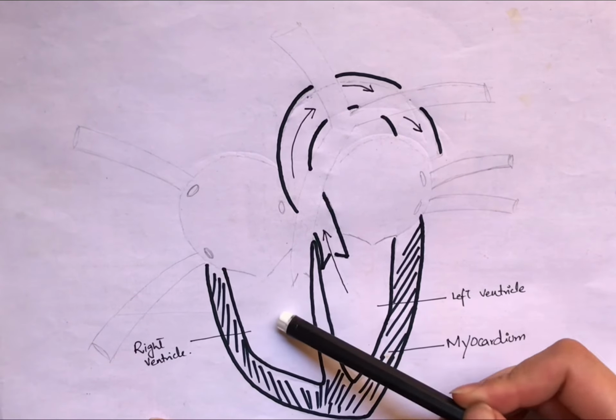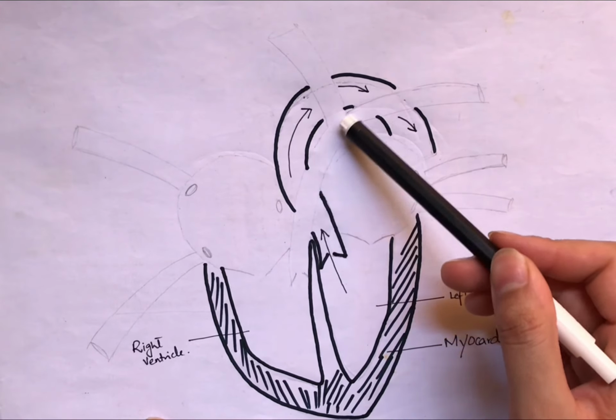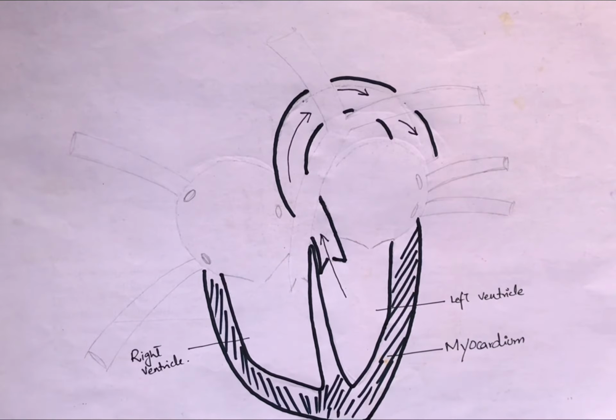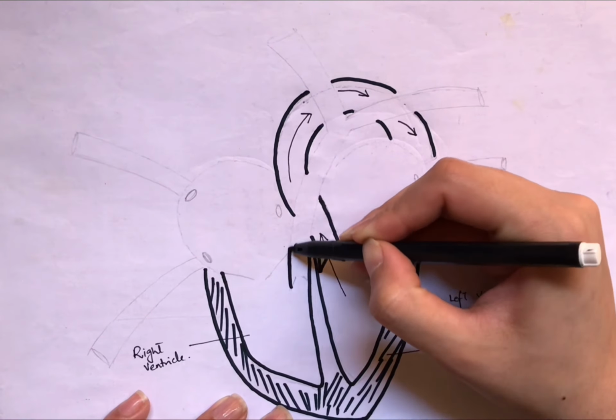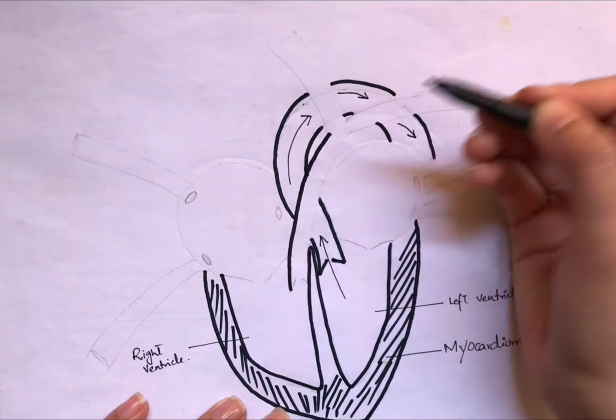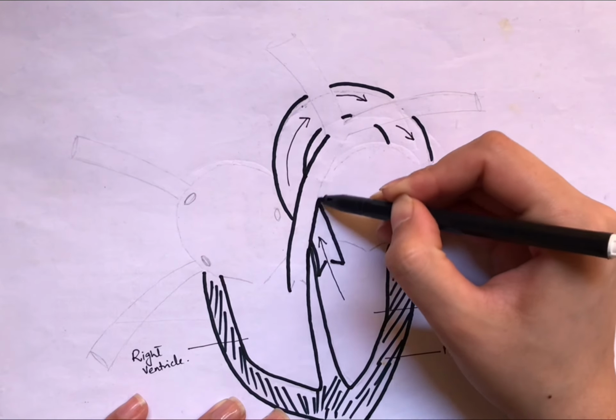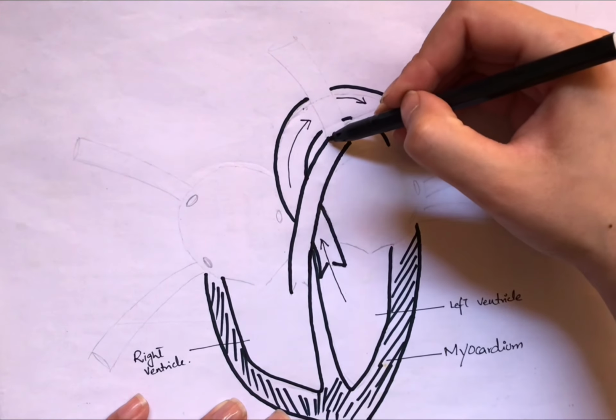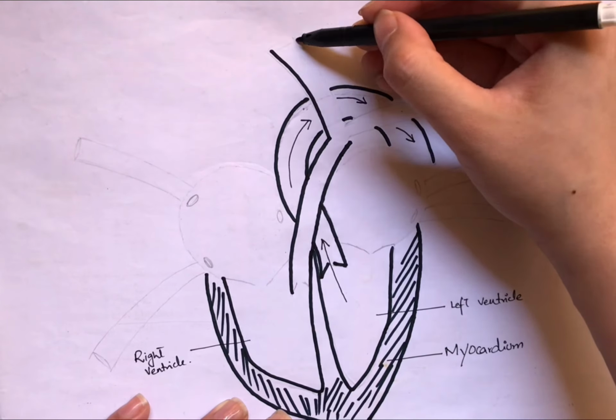And from the right side of the heart, the right ventricle, the blood goes through an artery into the lungs for oxygenation. This is the pulmonary artery, which carries deoxygenated blood to your lungs for oxygenation.